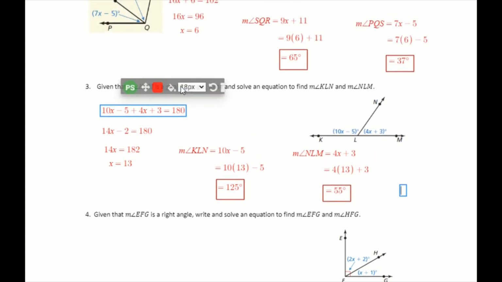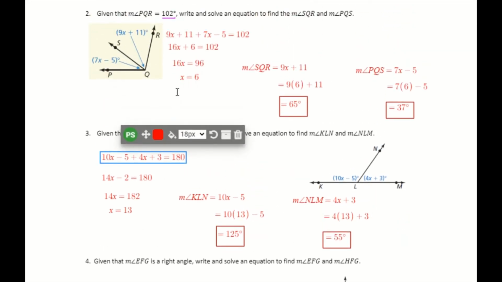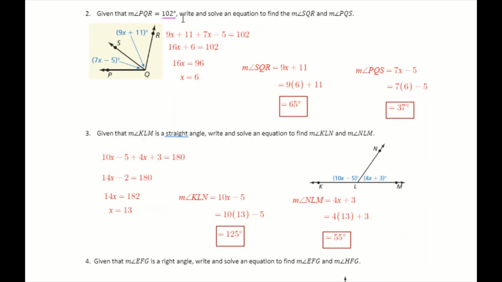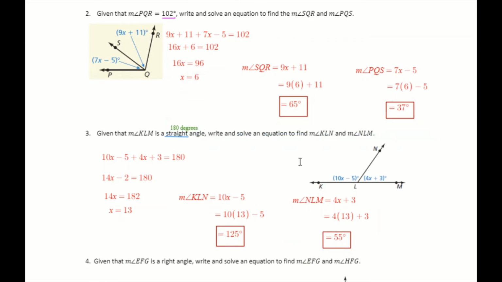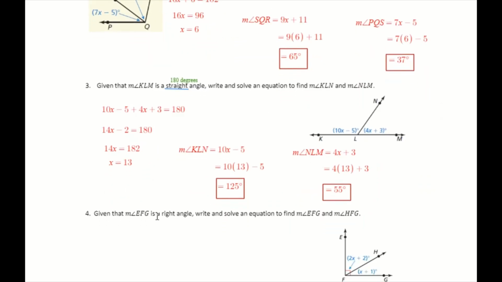We worked both of these problems basically the same way. First we found x by using the given information to know what the sum of the two angle measures are. In this case they're 102, in this case they're 180. Just a little note here, you have to remember that a straight angle measures 180 degrees.